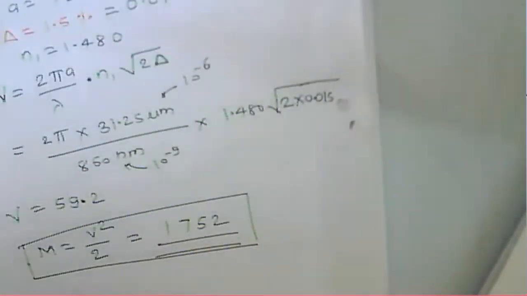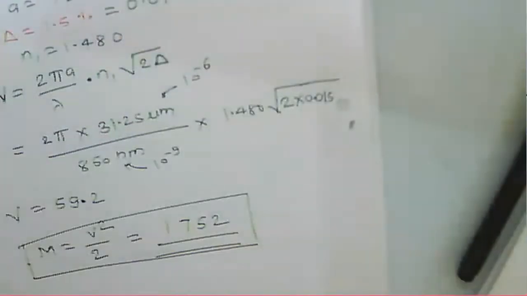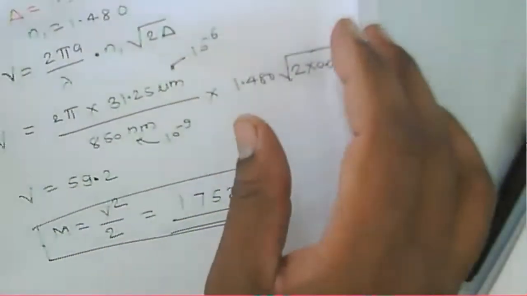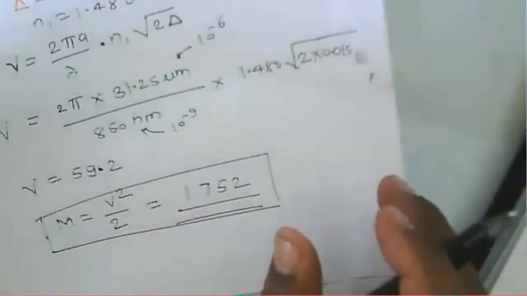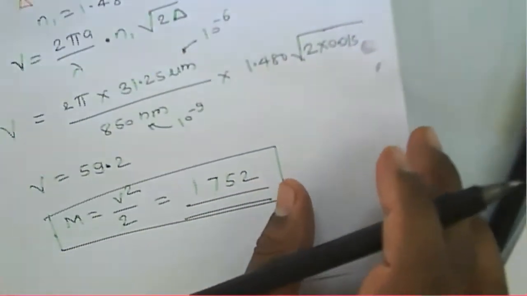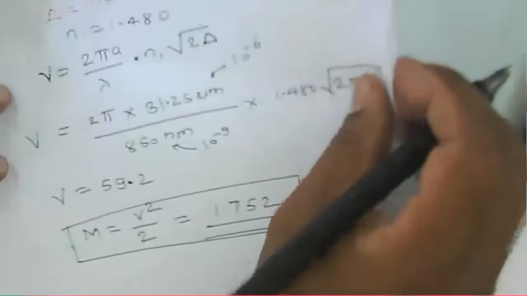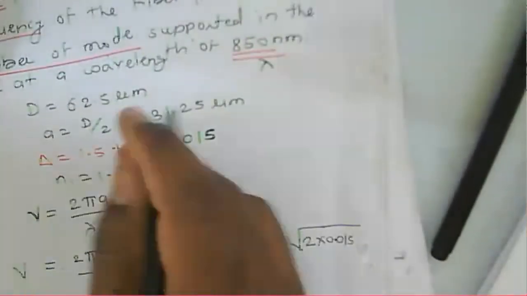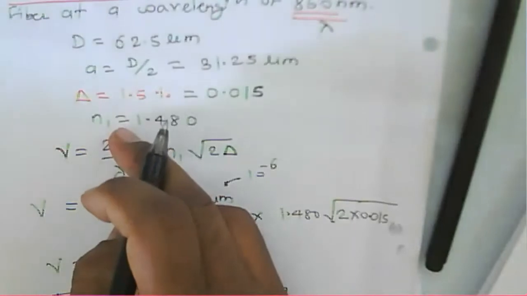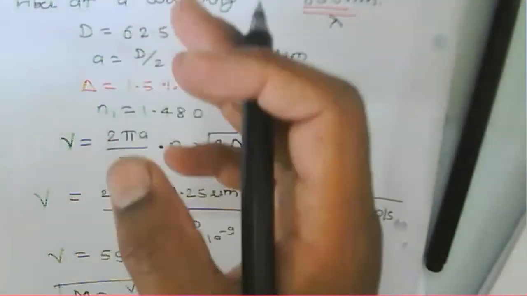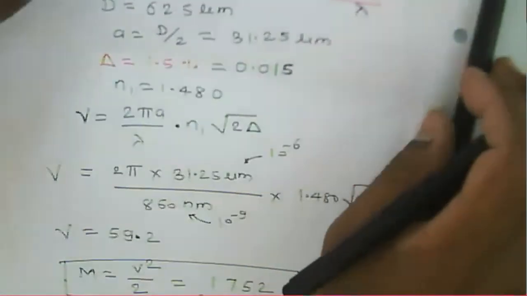If for any fiber we know the size of the core, n1 and n2, then we can obtain the V number. We just vary the values of a or del, and you will get different values.